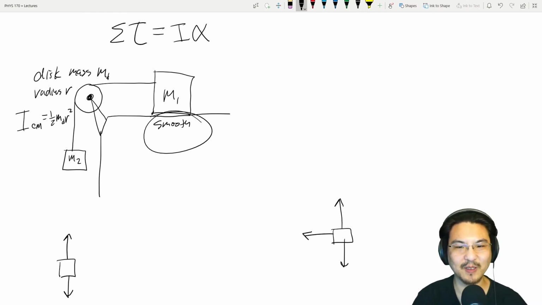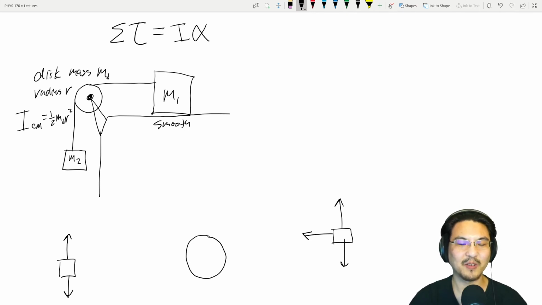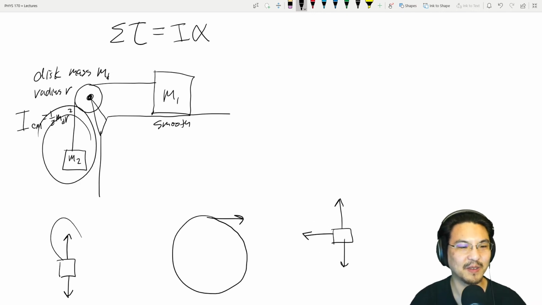There's no friction because it's smooth. And then for the pulley, now the pulley has mass, so it needs its own free body diagram. So here's the pulley. Draw all the forces acting on the pulley. So there's the string here, which is the same one here. There's the string here, which is this one here.